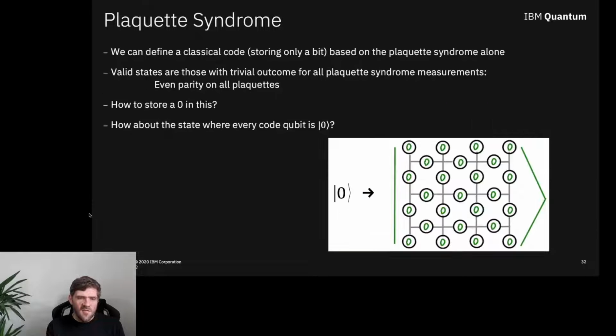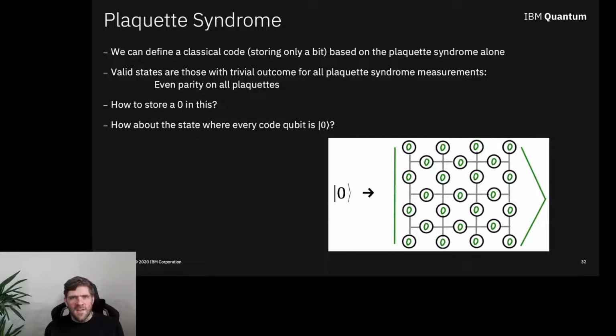So far, so normal. So let's think of defining a classical code now, which uses these plaquette syndromes to detect and correct bit flips. And so we're just going to be classical so far, although we're going to make this quantum later. So let's define a valid state. So one of the states which, when we make the syndrome measurements, we think, oh right, everything's okay, that's good.